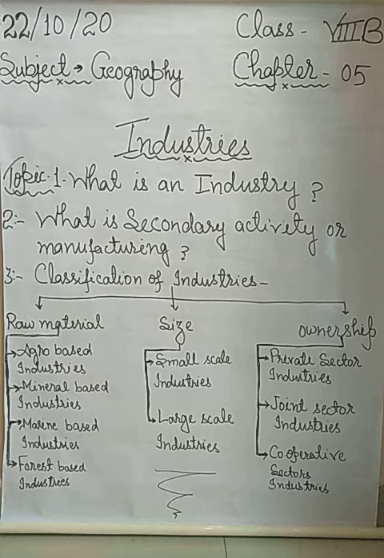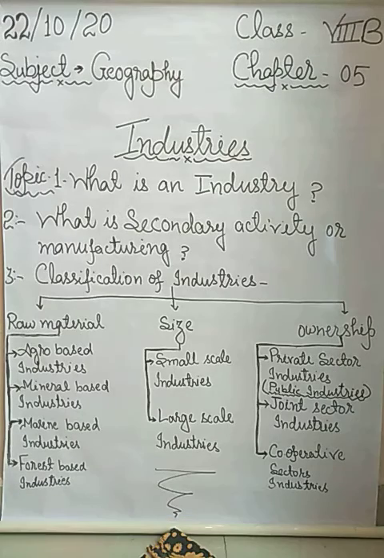It means by one person or a group of individuals, a group of 2 persons, 3 persons, 4 persons, or 5 persons. So private sector industries are mainly opened by people to earn more and more profit. Okay.